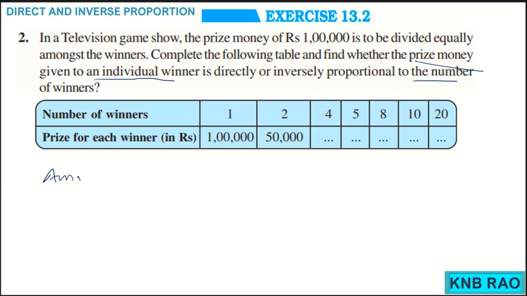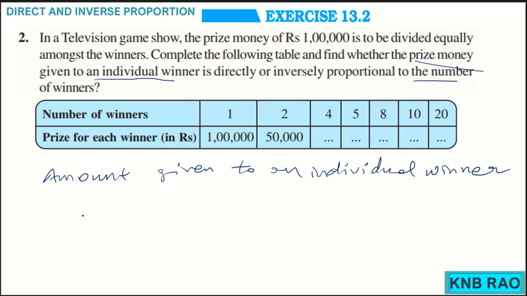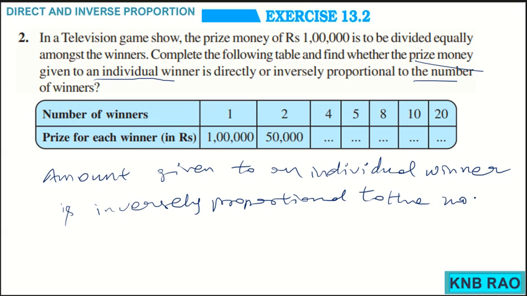I say the amount given to an individual winner is inversely proportional to the number of winners. So this is the answer we can say.